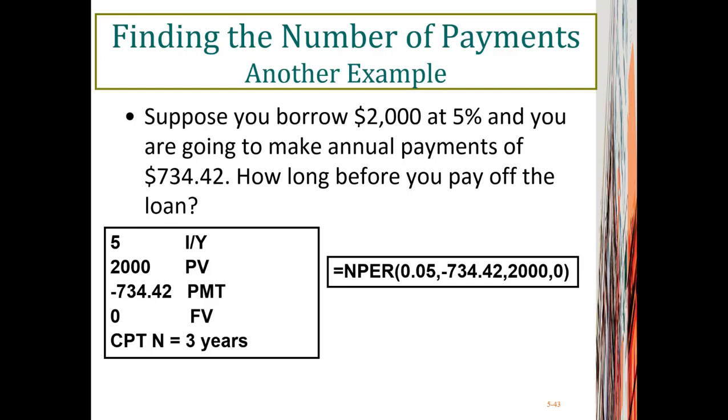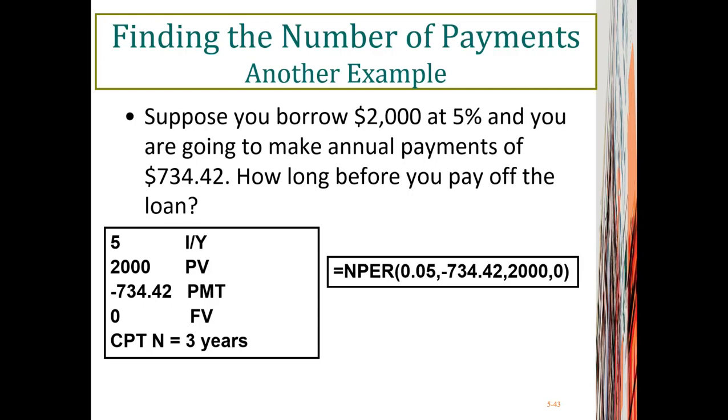Suppose you borrowed $2,000 at 5%, and you are going to make an annual payment of $734.42. It asks you how long before you can pay off the loan, and here you do a similar calculation to compute N, right? And the inputs are I/Y 5, PV 2,000, and PMT negative $734.42.